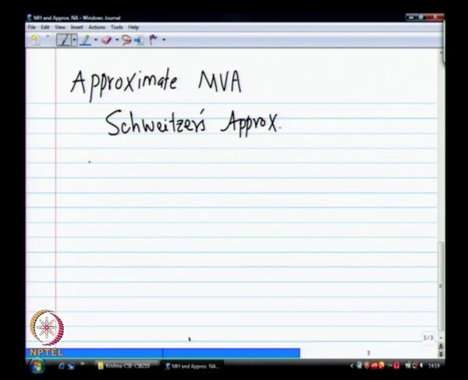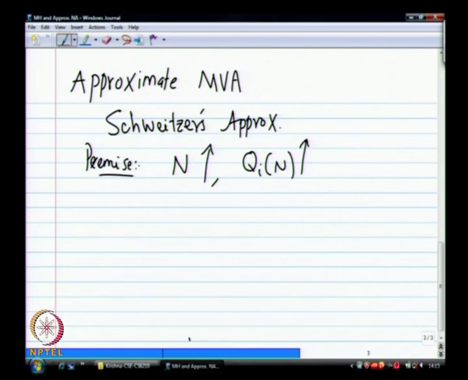The basic premise, which we can argue, is that as n increases, Qi, the number of customers queued in a particular queue, is also going to increase.